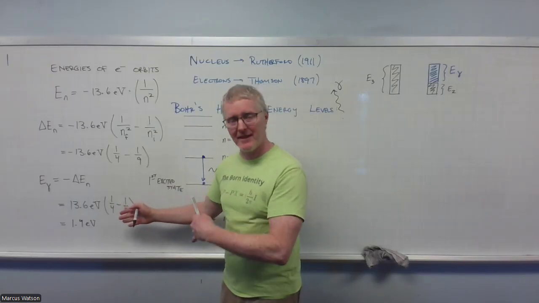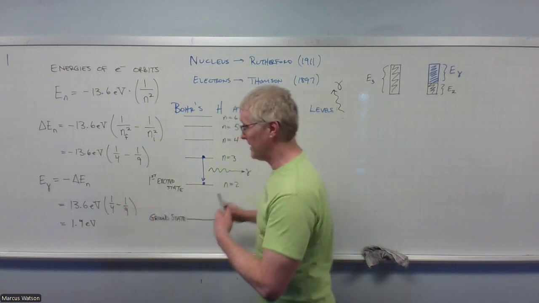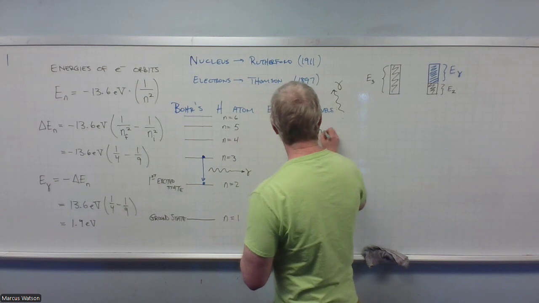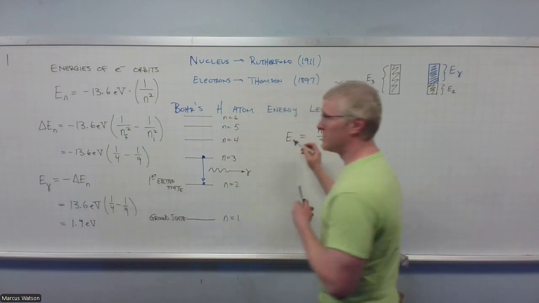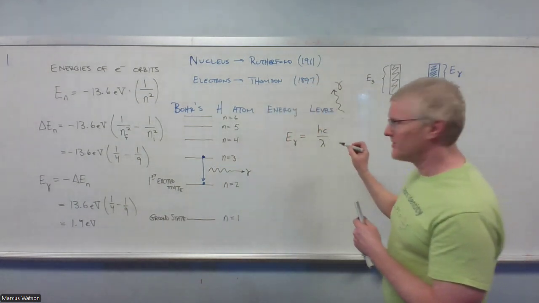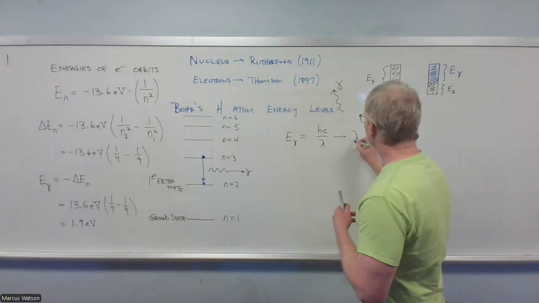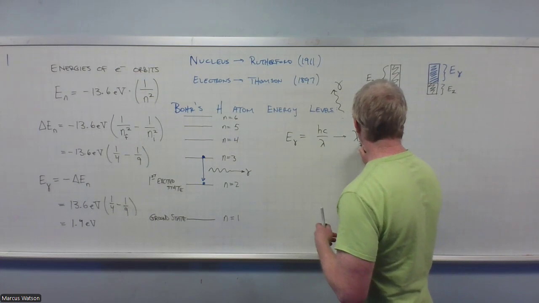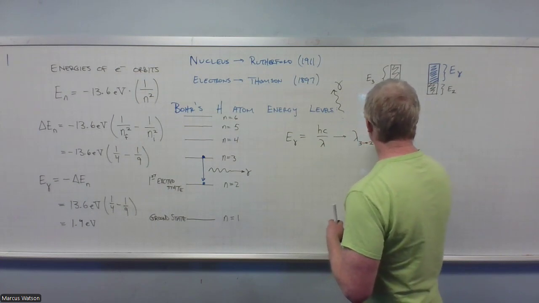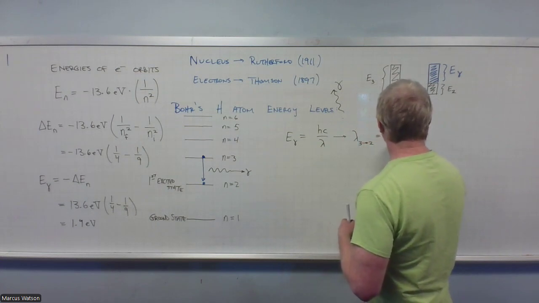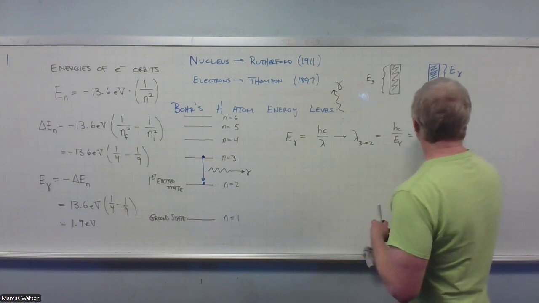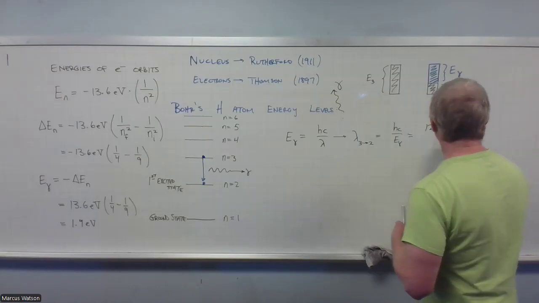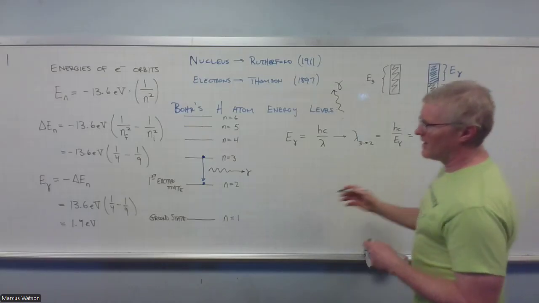Let's now calculate what the wavelength would be with that energy. We know that the energy of the photon would be given by this. Therefore, the lambda here is the lambda from 3 to 2, and that looks like 1240 eV nanometers divided by 1.9.